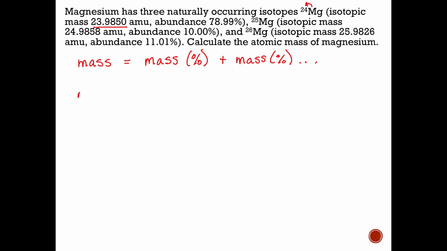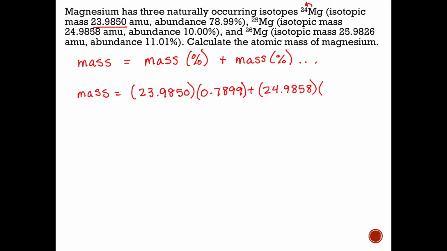So here we're going to have our mass is equal to our mass of our first isotope times its percent abundance as a decimal, plus the mass of our second isotope times its percent abundance, plus, and I'm just going to continue this on the next line, the mass of that isotope times its percent abundance.